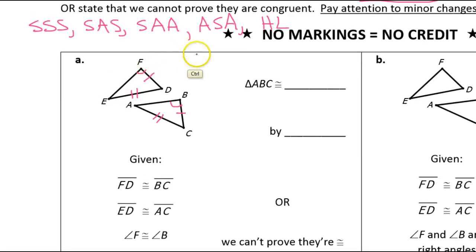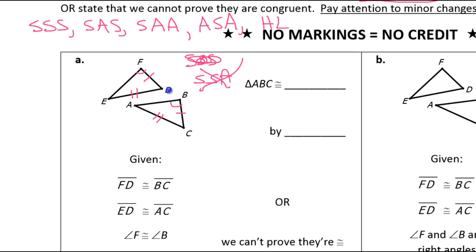If this angle, instead of being F and B, which are not between the sides, had been D and C, then it would be side, angle, side: 2 sides with the angle in the middle. When the angle is not between the 2 sides, that would be a side-side angle, but there is no side-side angle.